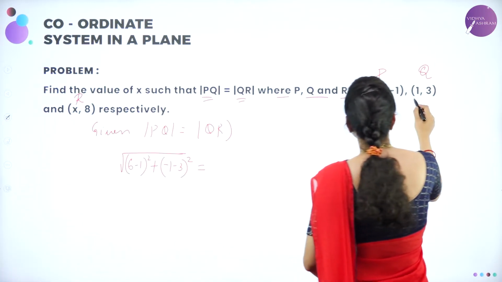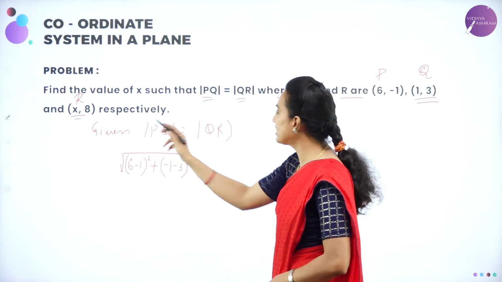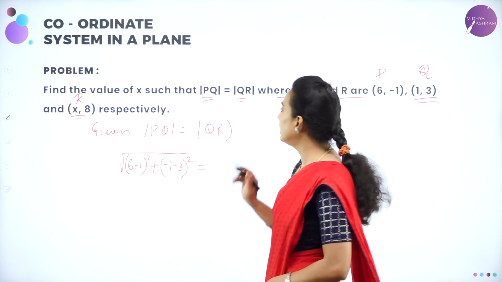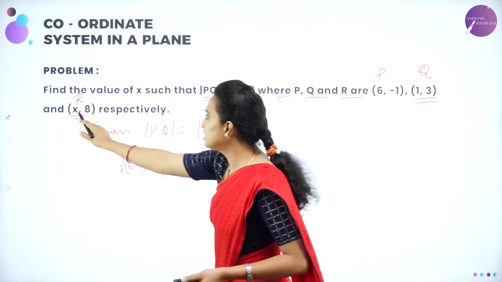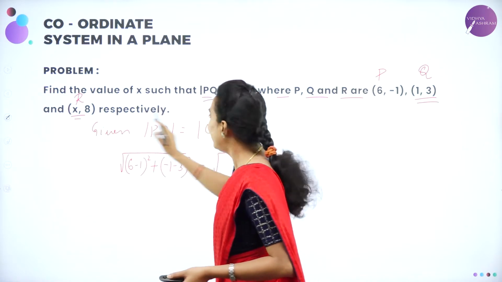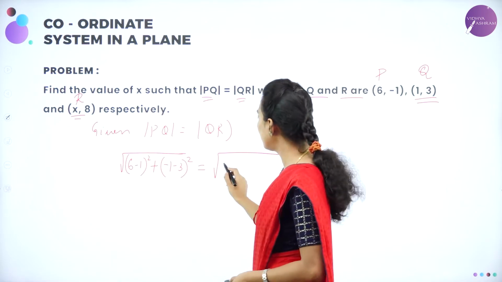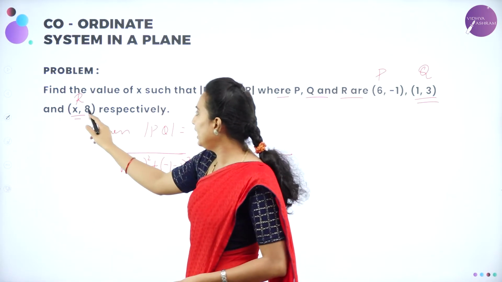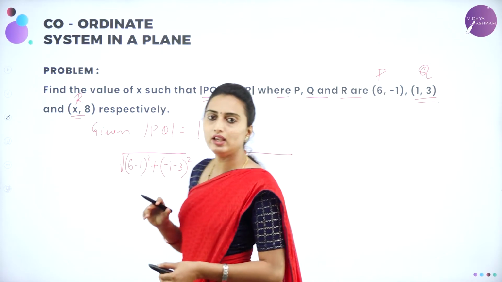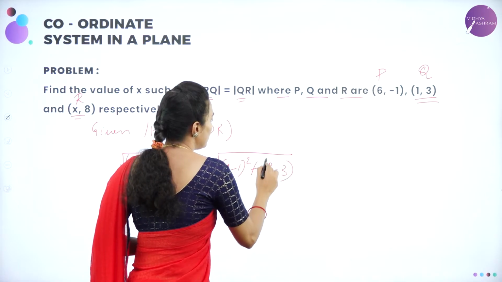QR means between 1 comma 3 and x comma 8. So what are you going to take? X minus 1, correct? Either 1 minus x, anything you can consider. So I am going to consider this as x2, y2, and this as x1, y1. So x minus 1 whole squared plus 8 minus 3 whole squared, y coordinate with the y.